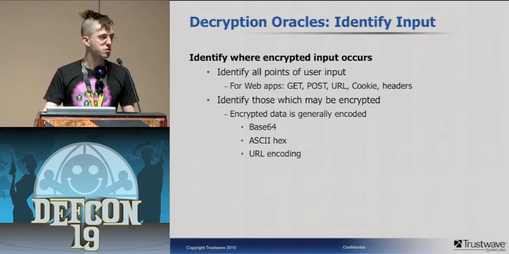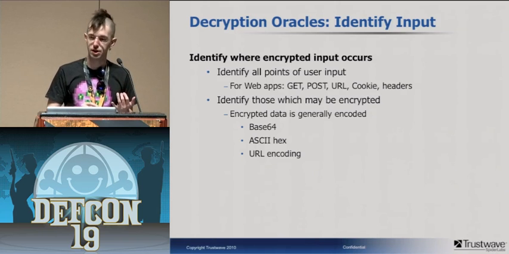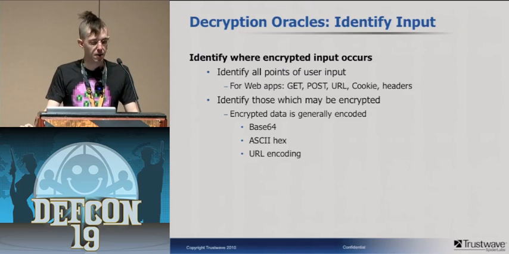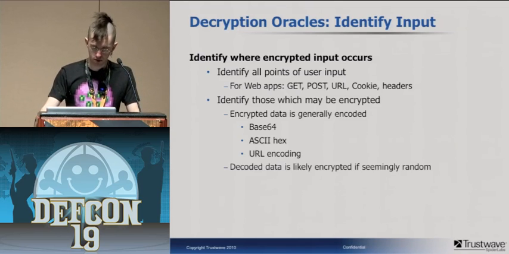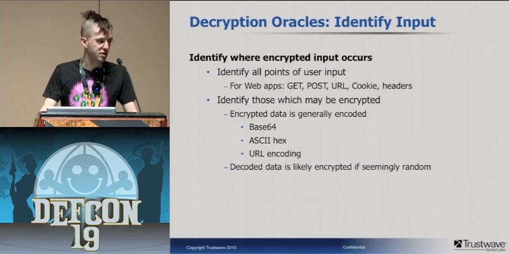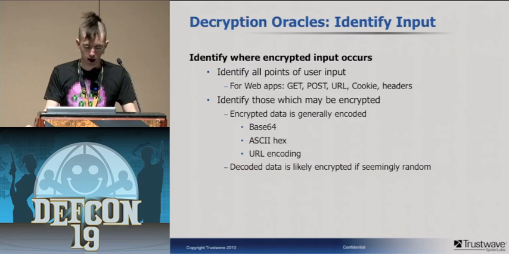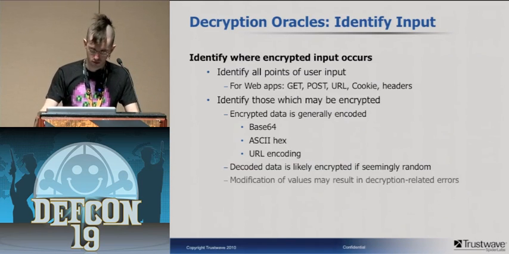Usually when you have encrypted data, it spans a pretty wide character set, so it's not really possible to put that through the majority of systems, as something might be interpreted as a meta-character. So usually you have some sort of encoding scheme, whether that's URL encoding or base64 encoding or just putting it to ASCII hex. If you decode that data and it looks random, and there are some tools out there for doing entropy analysis to see how random it is.